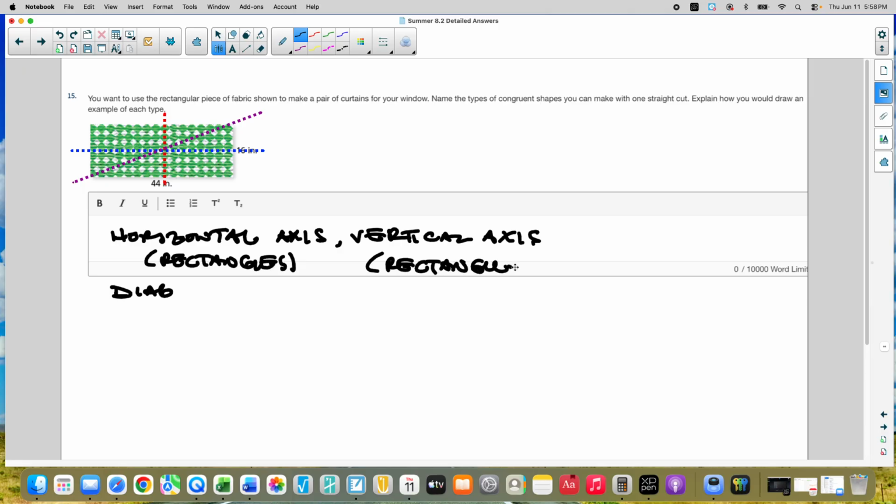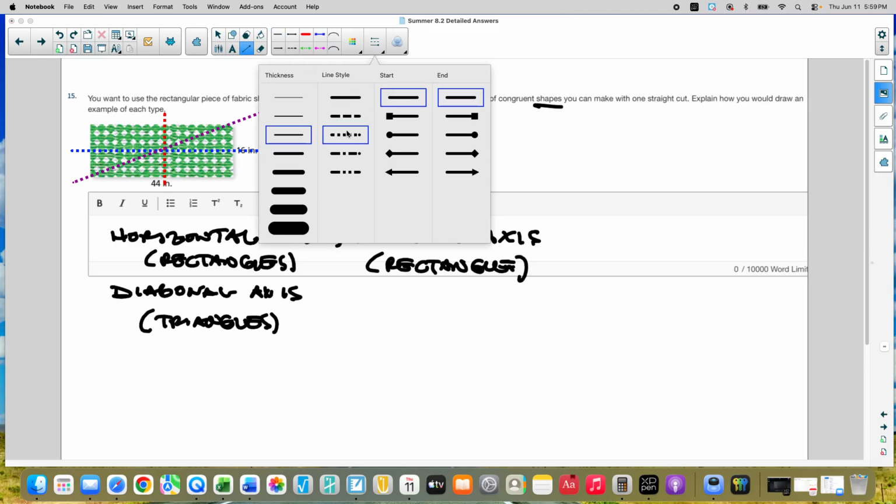I just noticed the word shape, congruent shapes. So a diagonal axis of symmetry would give 2 triangles. And then the other axis of symmetry would be along the other diagonal.